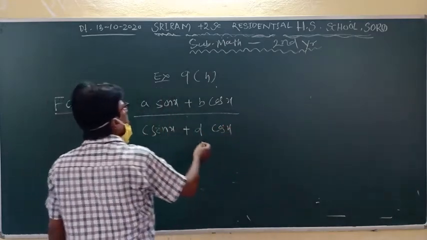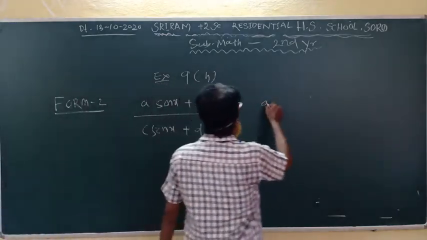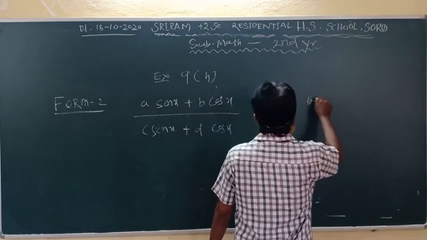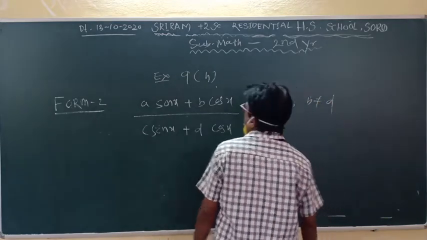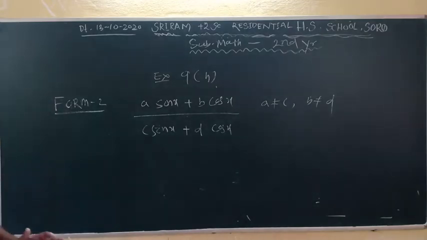In form 2, a is not equal to c and b is not equal to d. There is no relation between a and c, and b and d.